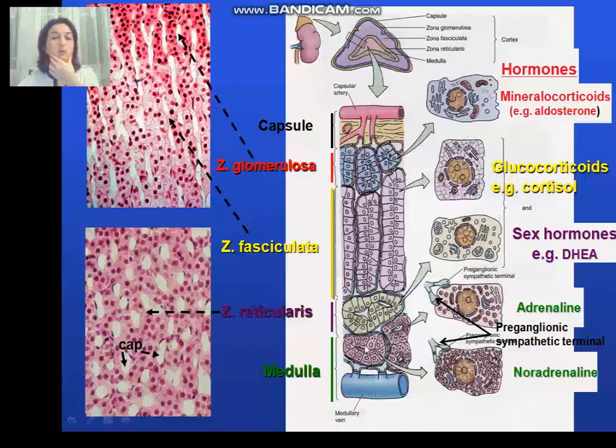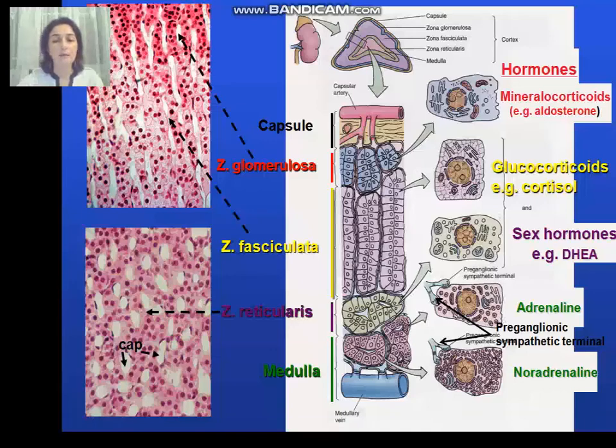As we know, the medulla has neural origin, it developed from the neural crest cells, so the cells here are like ganglion cells, and as cells in ganglia, they accumulate the secretory granules that will store their hormones. These are catecholamines.